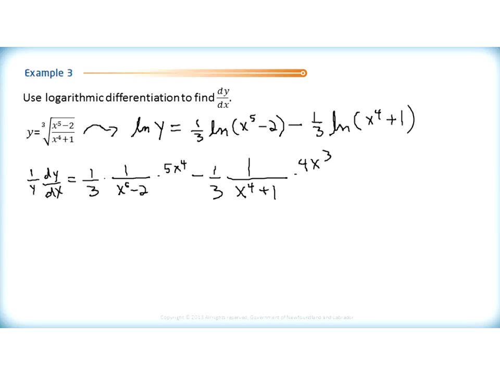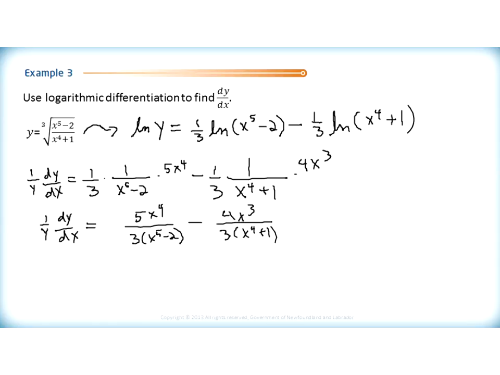Okay, so I'll leave the 1 over y here for now. So 1 over y times dy over dx is going to be 5x to the power of 4 over 3 outside of x to the power of 5 minus 2 minus 4x cubed all over 3 outside of x to the power of 4 plus 1.